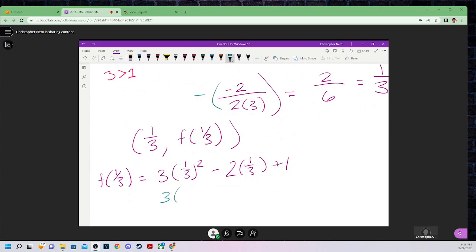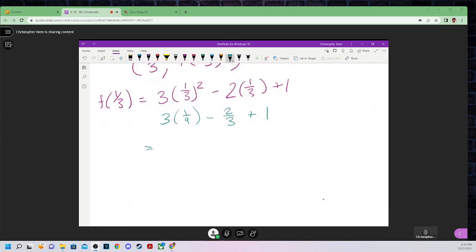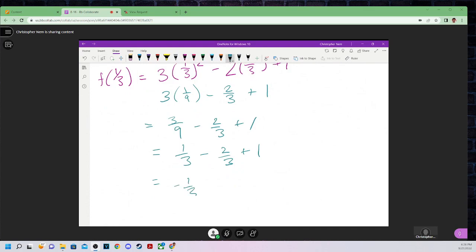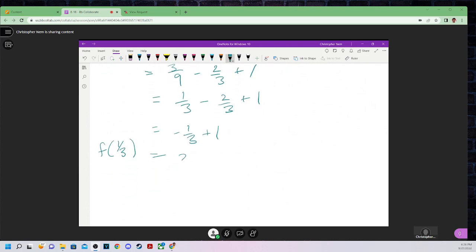So 1/3 squared is 1 over 9, minus 2 over 3 plus 1. And then this is going to give me 3 over 9, I apologize, 3 over 9 minus 2/3 plus 1, which is 1/3 minus 2/3 plus 1. This is negative 1/3 plus 1, which gives me 2/3.